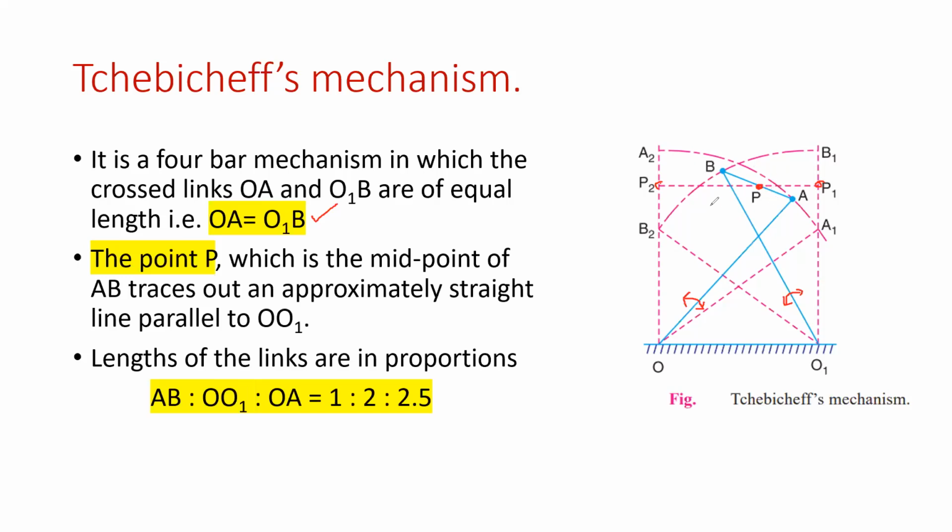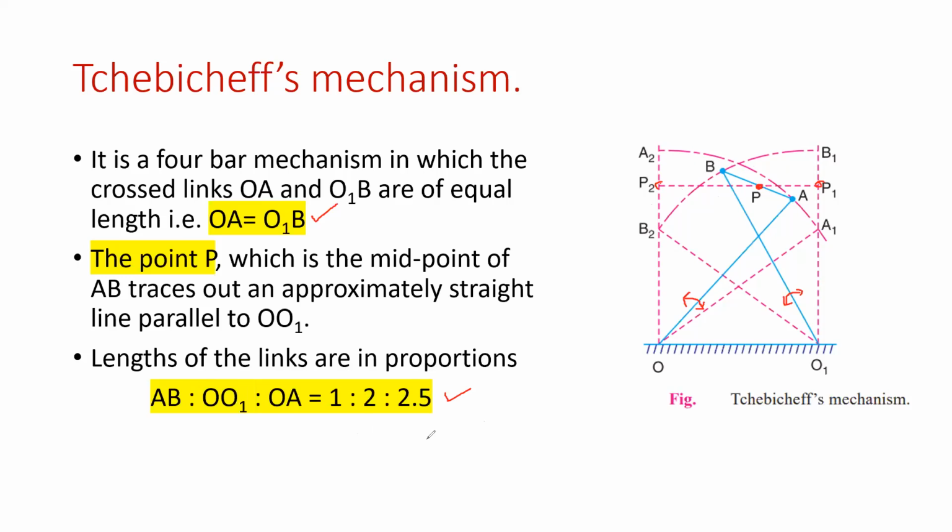In order to satisfy these conditions, we need to have these relations between the lengths of the links. Okay, again there is a derivation for it, and I will ask you to go for that. You will find that derivation in the SS Rattan book.